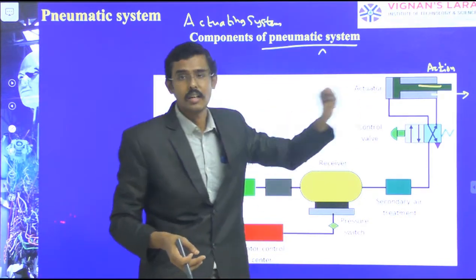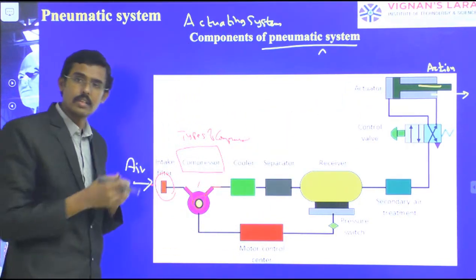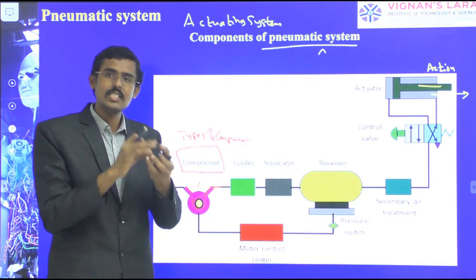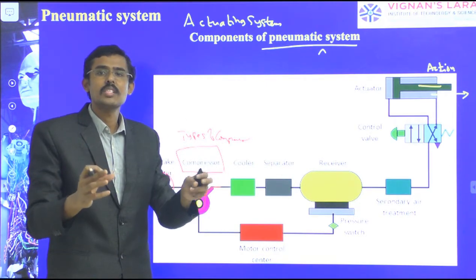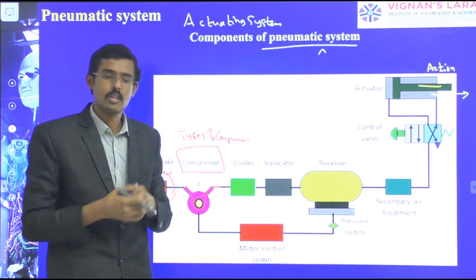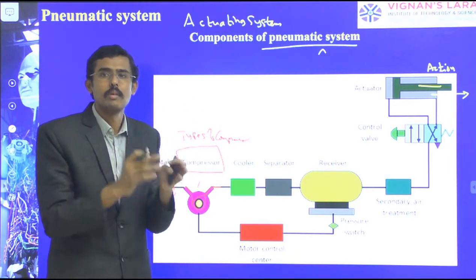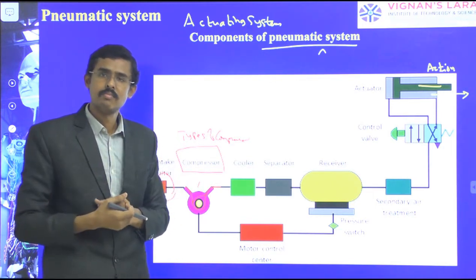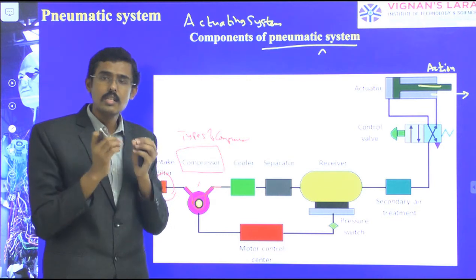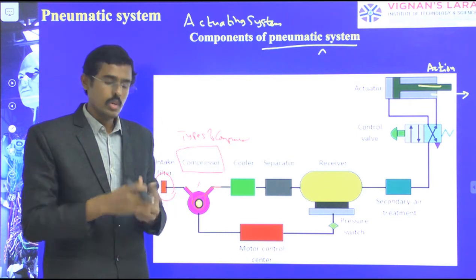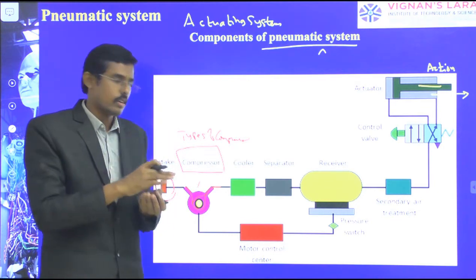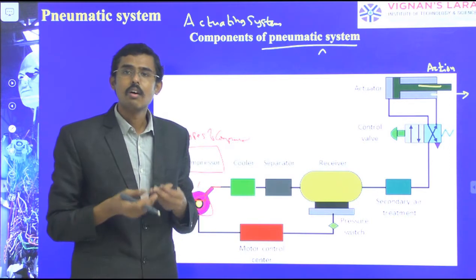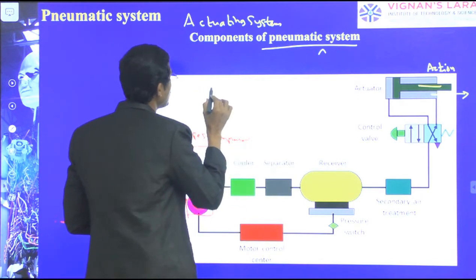Now after the compressor, the air at normal room temperature, when it has been compressed, is sensitive to temperature. Therefore, when the volume of the air is compressed inside the compressor, the temperature automatically increases.